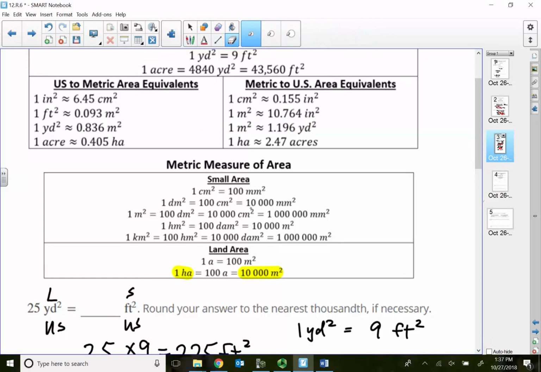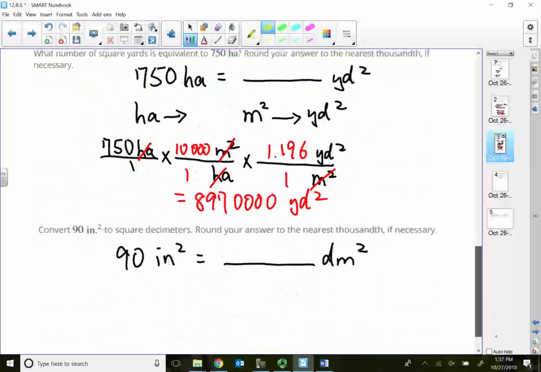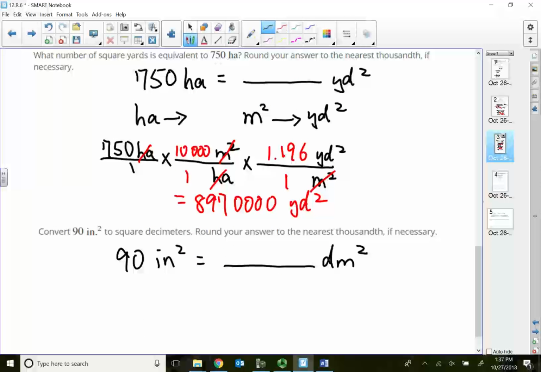If you don't mind me erase some of this real quick. All right, hang on a second now. I need to end up to be in square deci. So square inch can take me to square centimeter. So now the question is, can I go from square centimeter to square deci?